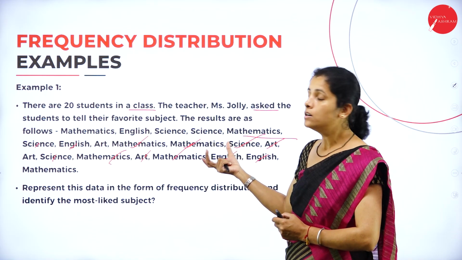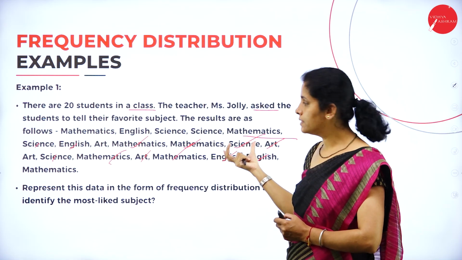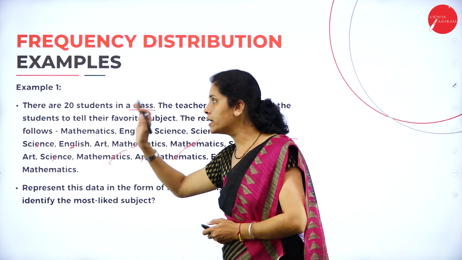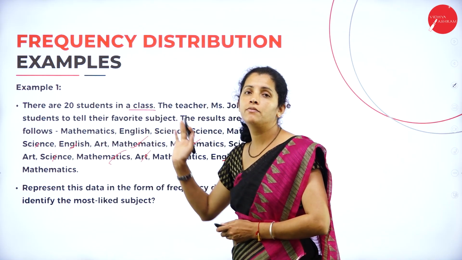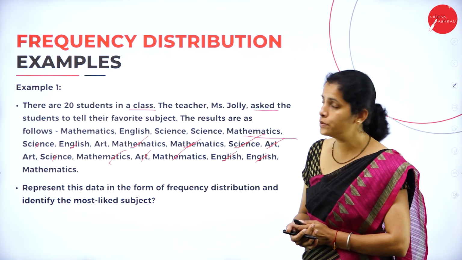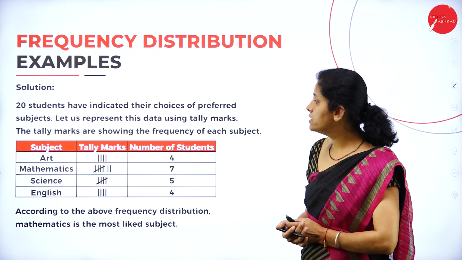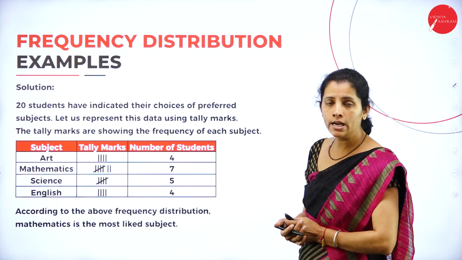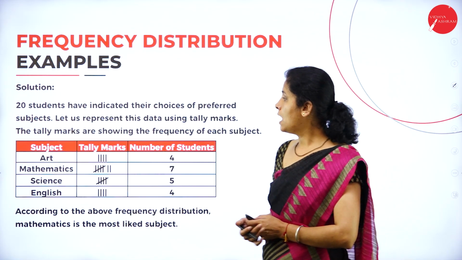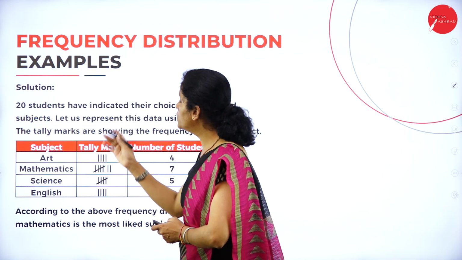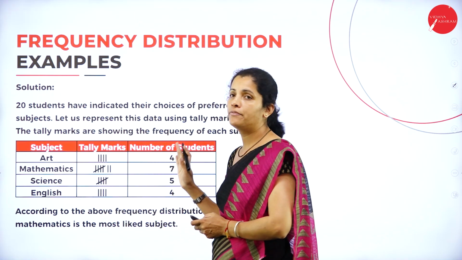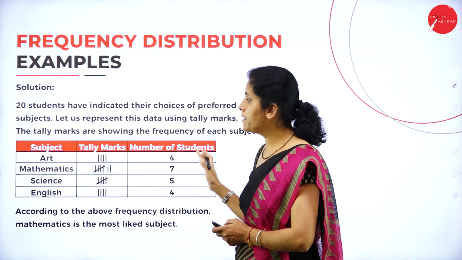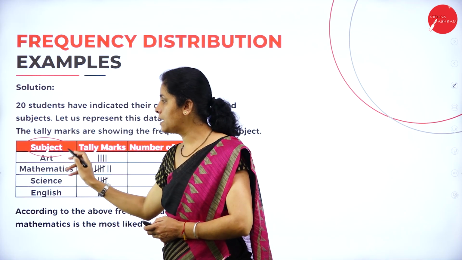Okay, I have a group of data. Now, I want to represent this data in the form of a frequency distribution. So here I have 20 students, and I'm going to make three different columns. In my first column, I'll write subject.